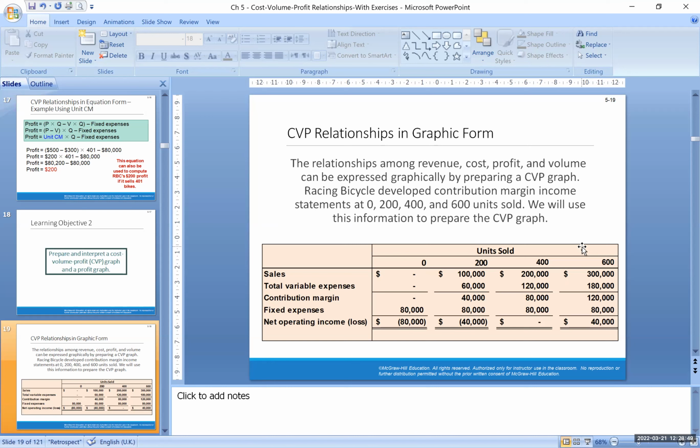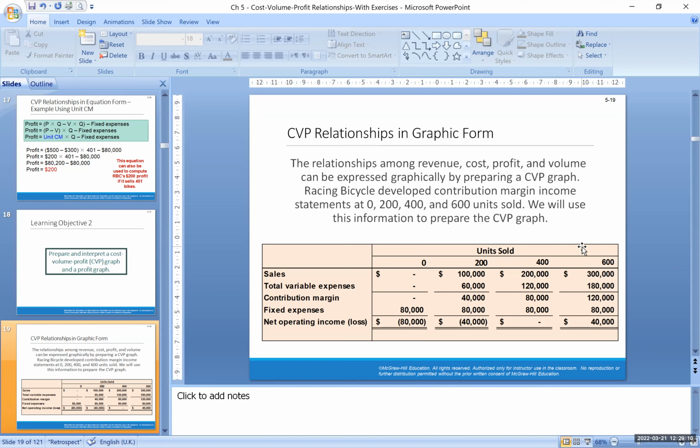But the total fixed costs, we still have to pay regardless of whether I sell or not, regardless of the number of units sold. We still have to pay the $80,000 as total fixed costs.